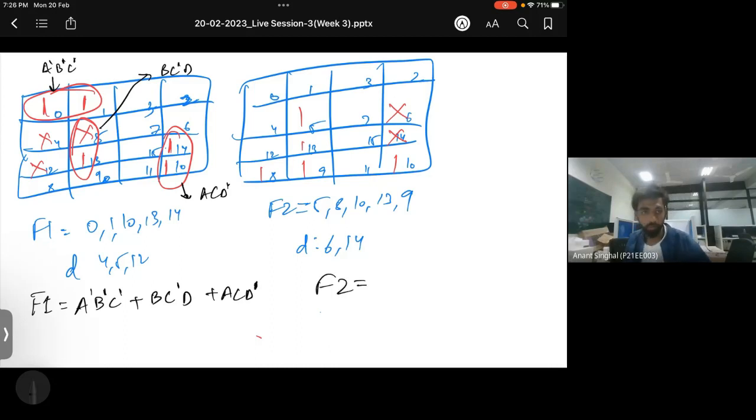For F2, maybe you can try it. Has anyone been able to solve this, or do I need to write it? Anyone, please at least respond, even if you are not able to solve this.